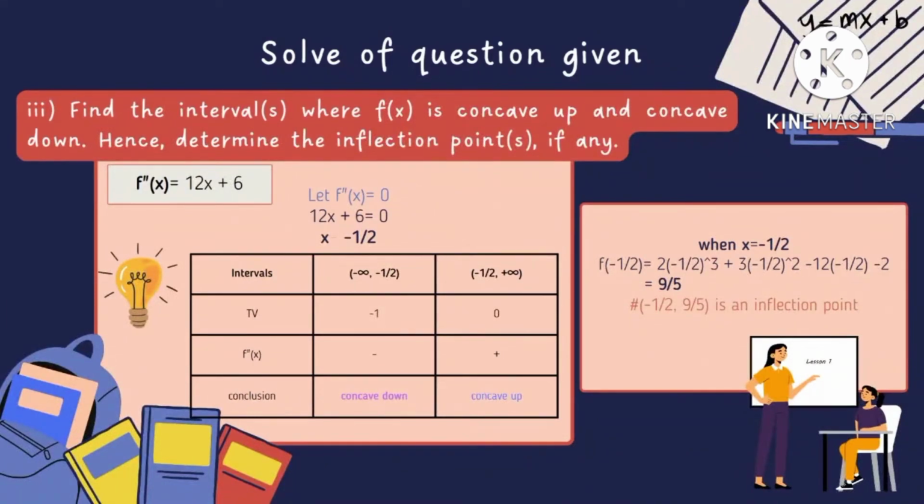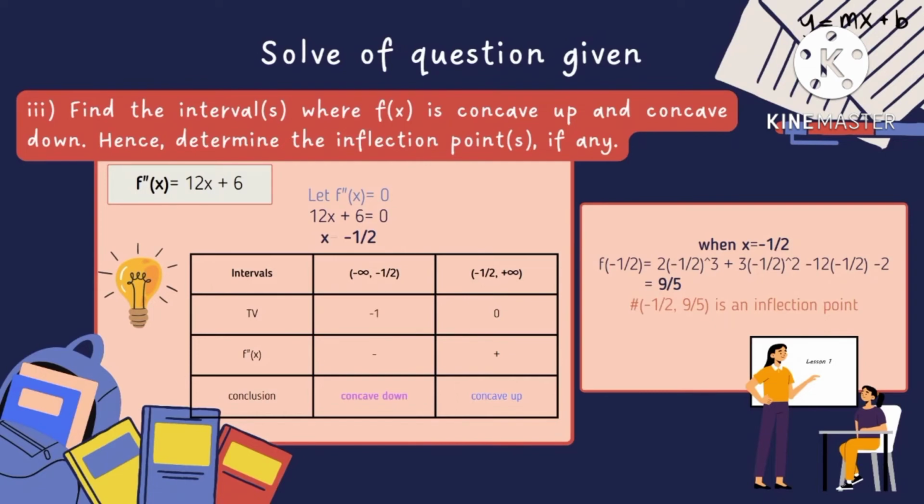And next, we need to find the interval where the function is concave up and concave down, and determine the inflection point, if any. So firstly, we need to find the second derivative, which equals 12x plus 6. So let the function equal 0. So x we will get negative 1 over 2. So we use a box like this.